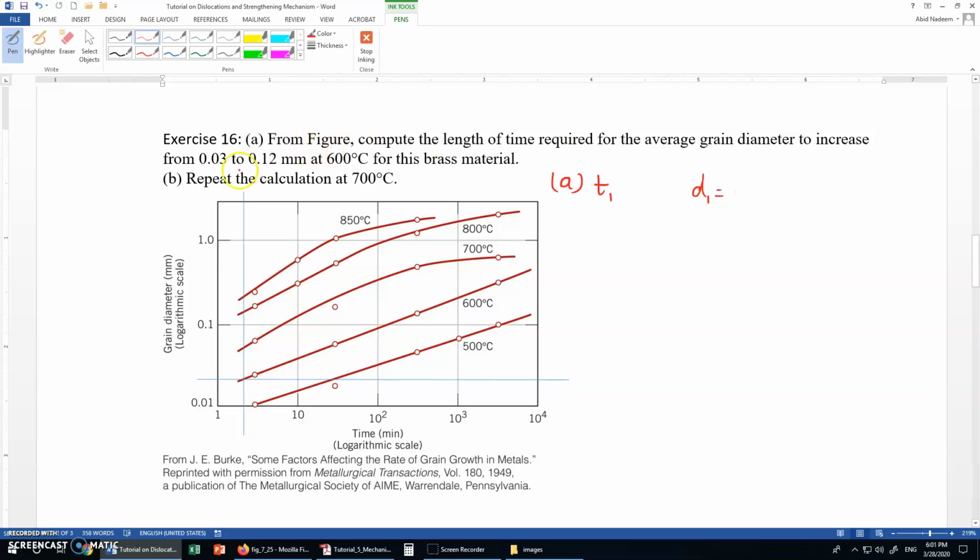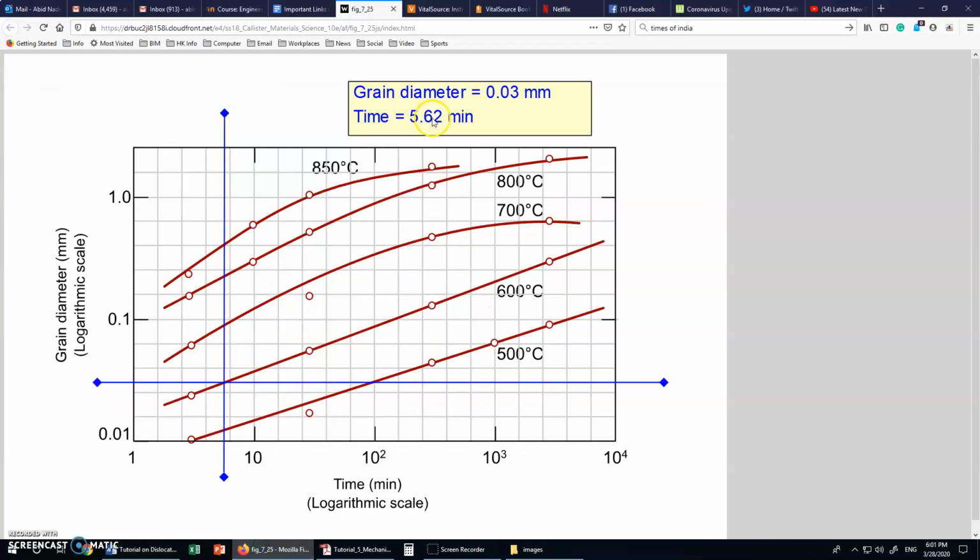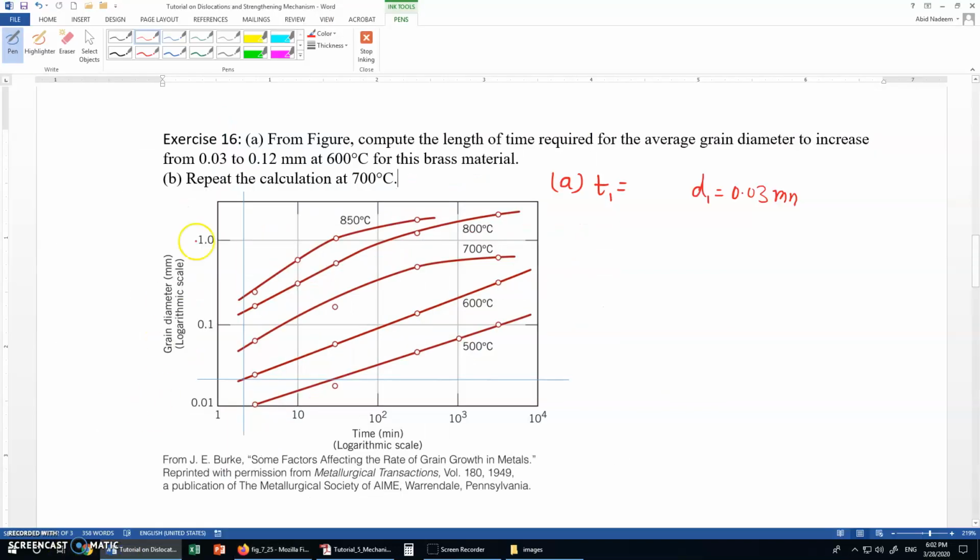Diameter d1 is 0.03 millimeter, and for this I have got the time equal to 5.62 minutes. And d2 I have is 0.12 millimeter, and what will be t2?